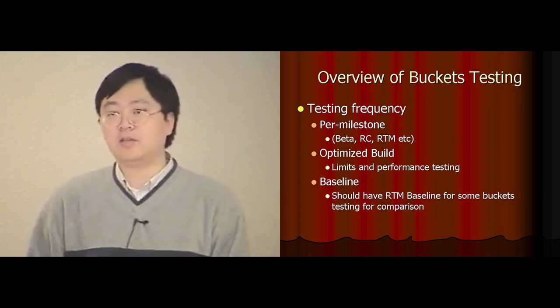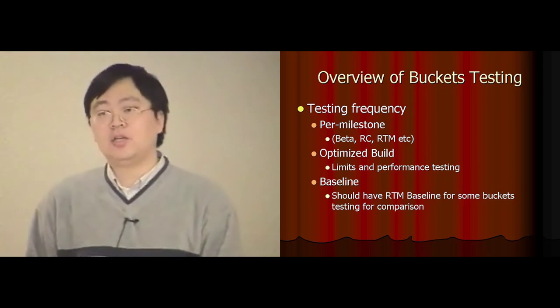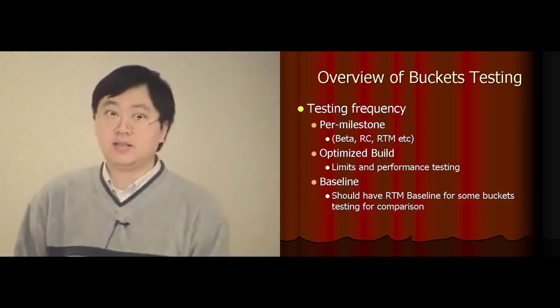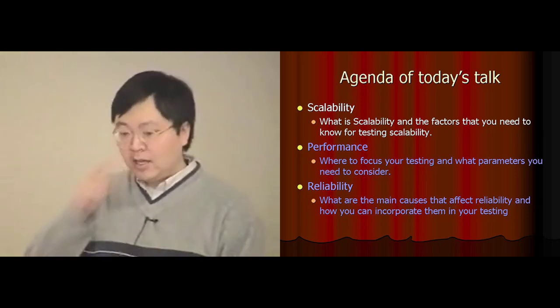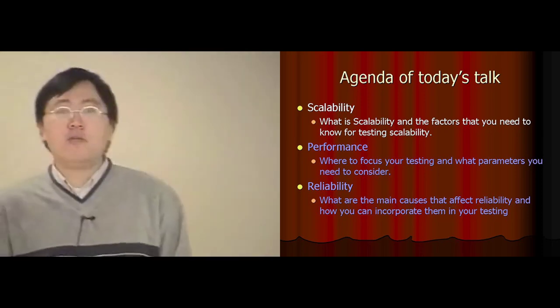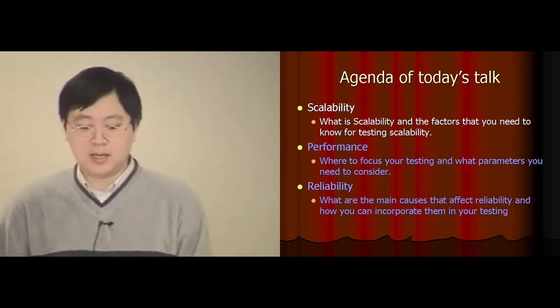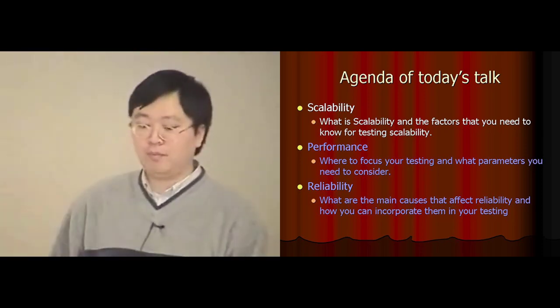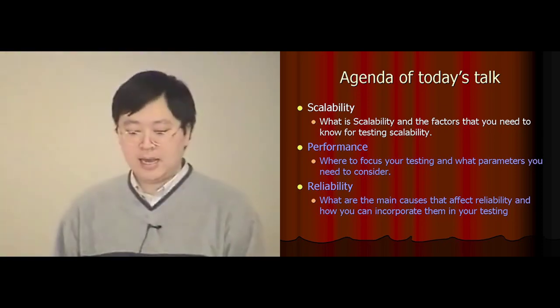Then there will be a lot of time-consuming effort, right? So make sure in this transition you get all the baselines for the bucket testing. That's really important. Okay, that's the overall of bucket testing. So let's go to my focus for today's agenda: scalability testing, performance testing, and reliability testing.